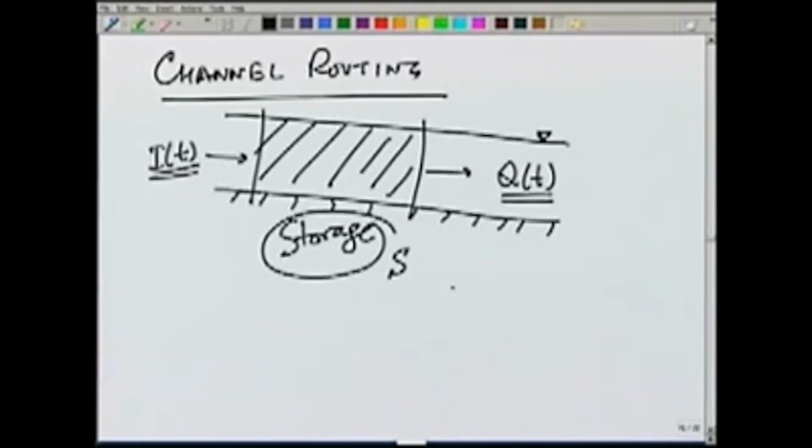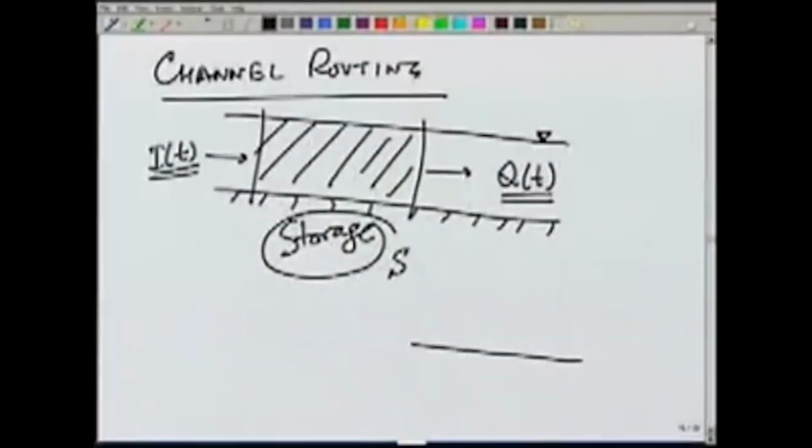The channel storage can typically be divided into two parts. For example, if we have water level here and the bed level and the water level like this, then we could divide this into two parts. One part which has the same depth throughout, and therefore, this will be in the shape of a prism.